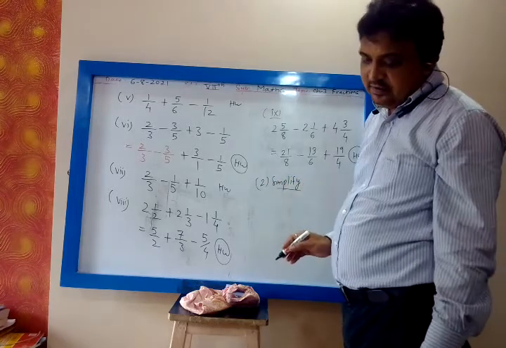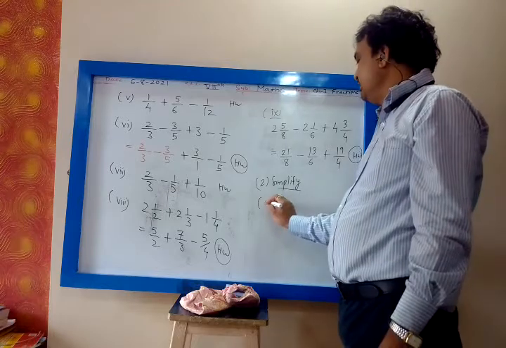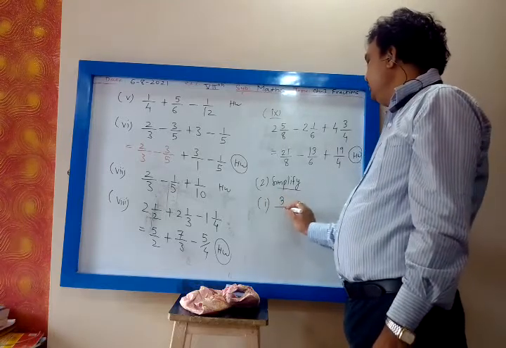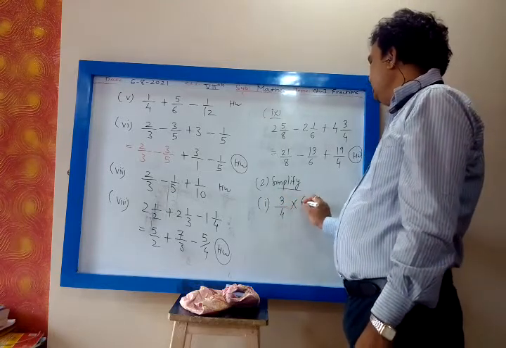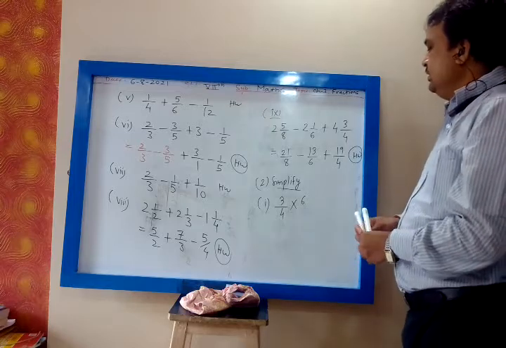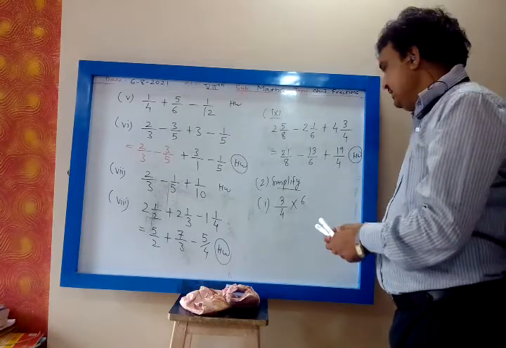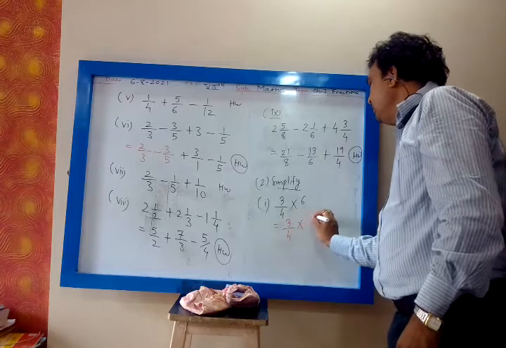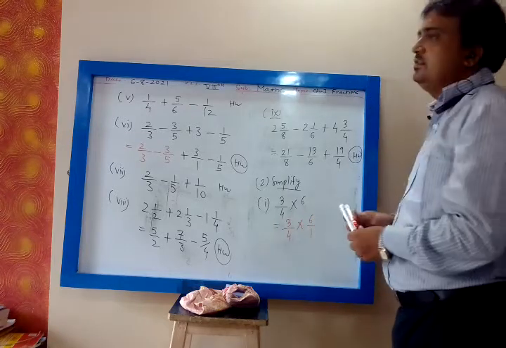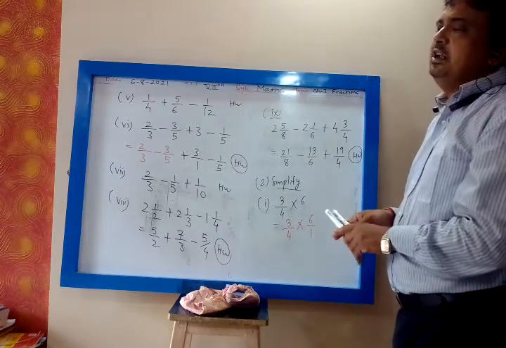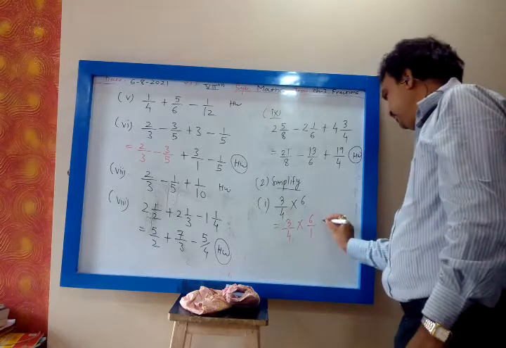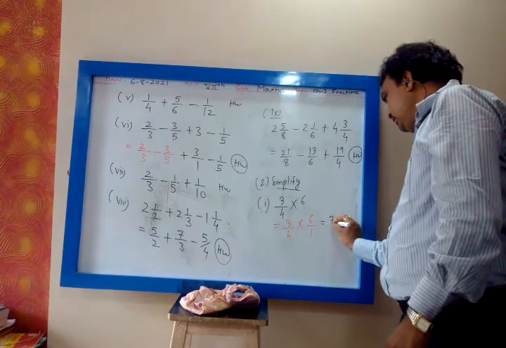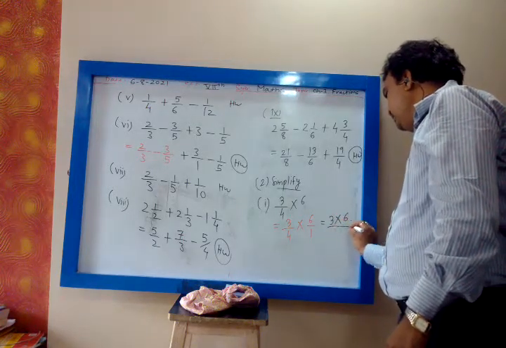Simplify first. 3 by 4 into 6. You will write this as 3 by 4 into 6 upon 1. Now this is multiplication. So how do you multiply? Multiply numerator to numerator, 3 into 6 upon 4 into 1.